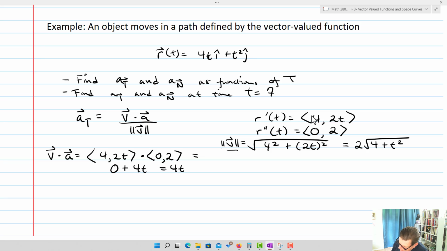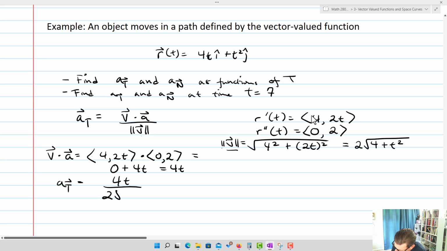So a sub t is going to equal 4t over 2 times the square root of 4 plus t squared. And thus, that's going to end up equaling 2t over the square root of 4 plus t squared. Excellent.